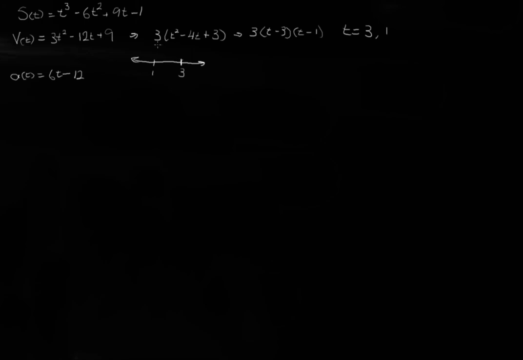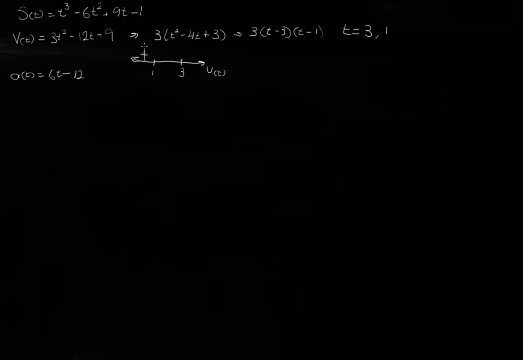Alright, so let's now go through and work out what the signs are doing. So we'll substitute in a value of, let's just pick 0 because it's nice and easy. So if we put in a value of 0 here, we can see that the velocity at time 0 is going to be positive because this is going to turn into 0, this will be 0, and we're just left with 9, so that's going to be positive.